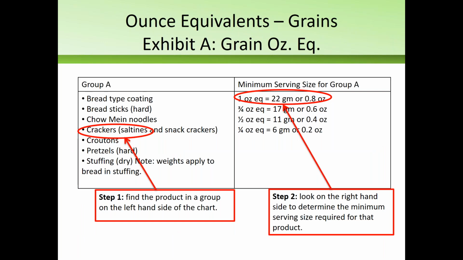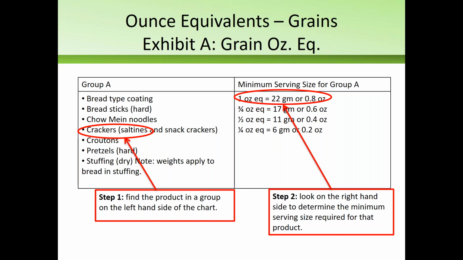Now let's review the Exhibit A grain chart. So the first step in reading the grain chart is to find your product on the left-hand side of the chart. Grain products are grouped based on grain content. So the lower the group, such as A or B, the higher the grain content. The second step is to look on the right-hand side to determine the minimum serving size to equal a 1 ounce equivalent.